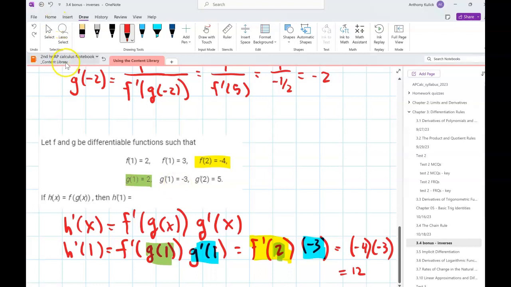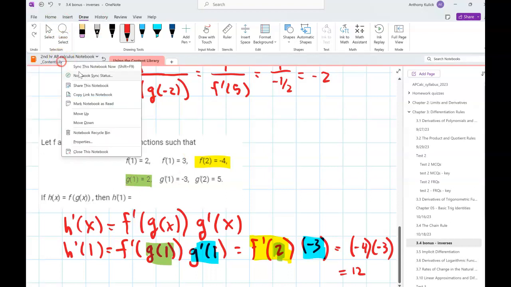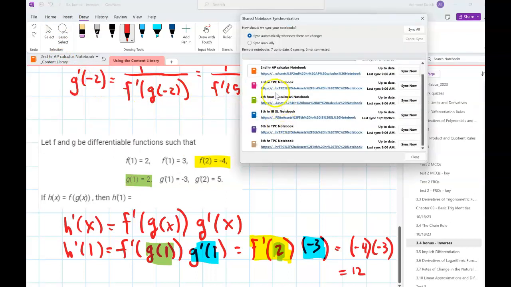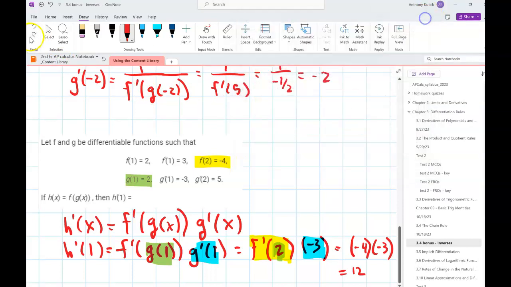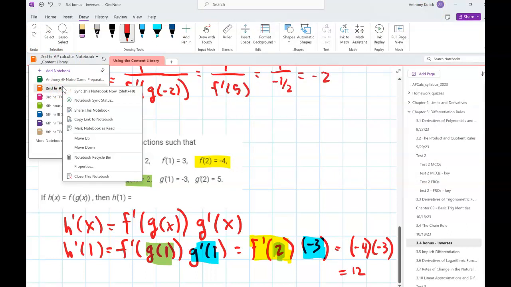Okay, so here's what I would tell you. In general, if you're getting errors when you do this, do you get a bunch of errors underneath? Yeah. Okay, so here's what you should do. Right click on the notebook that's giving you the errors. Hit close notebook. If it says it's syncing, hit cancel.